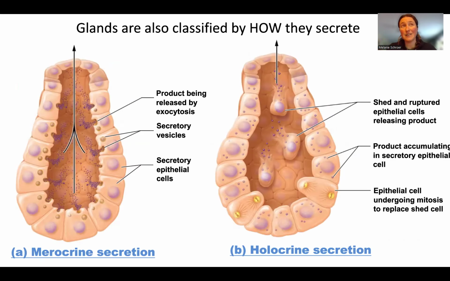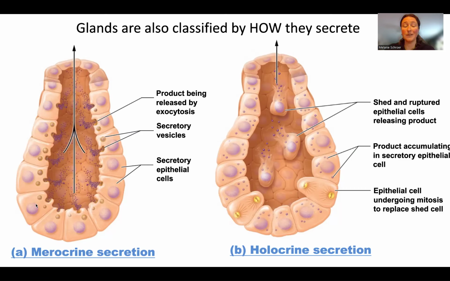Glands are not only classified by whether they secrete into a duct or into the blood, but also by how they secrete. And there's a couple different kind of strategies for how these epithelial cells secrete things. Two of those strategies are here. In one type of gland, we see that the cells are pretty much making little vesicles.